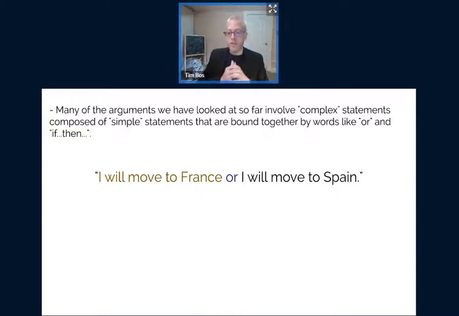In an or statement, the or statement could be true even if one of the simple statements is false. If I tell you that I'm going to either move to France or to Spain, and I end up moving to Spain, you're not going to say, wait, you told me something false. You said you would move to Spain or France. I would say you don't understand what or means. Or means I'm going to do at least one of these two, and I did. I went to Spain.